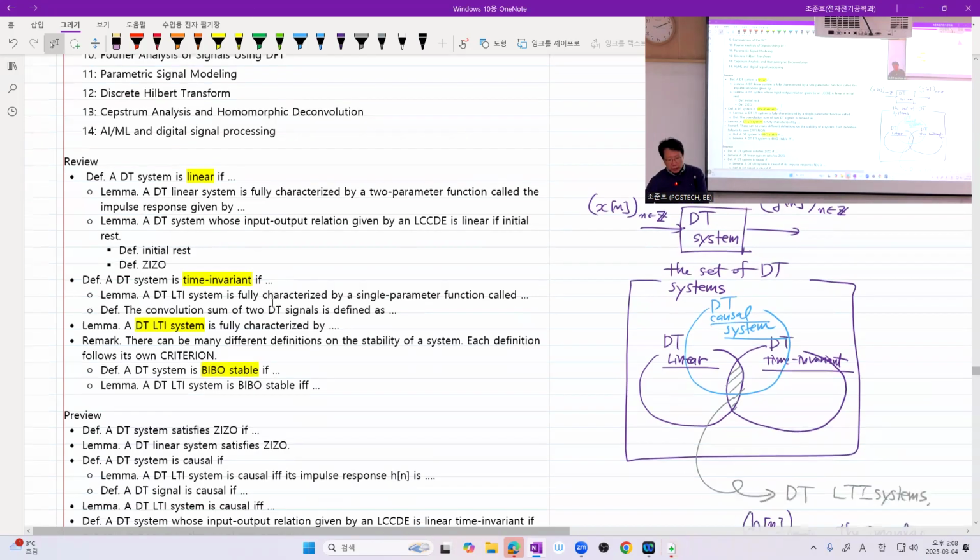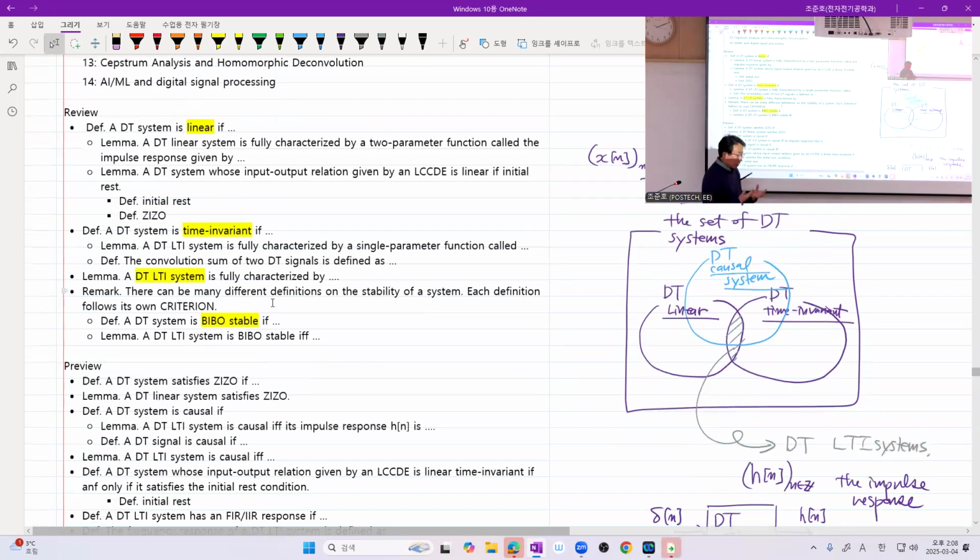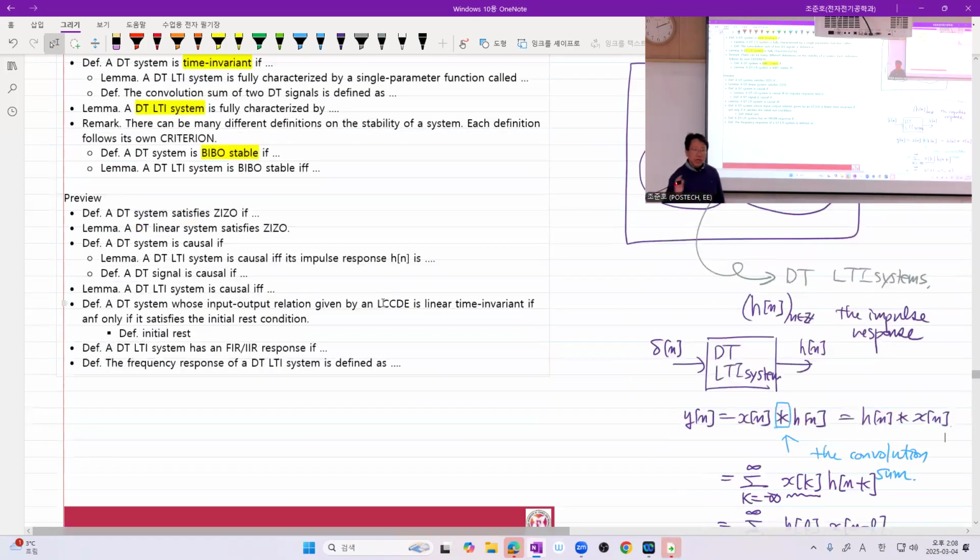From this idea, when you practically implement, given a practical real-world system, you approximate the real-world system by a mathematical model, a DT LTI system.